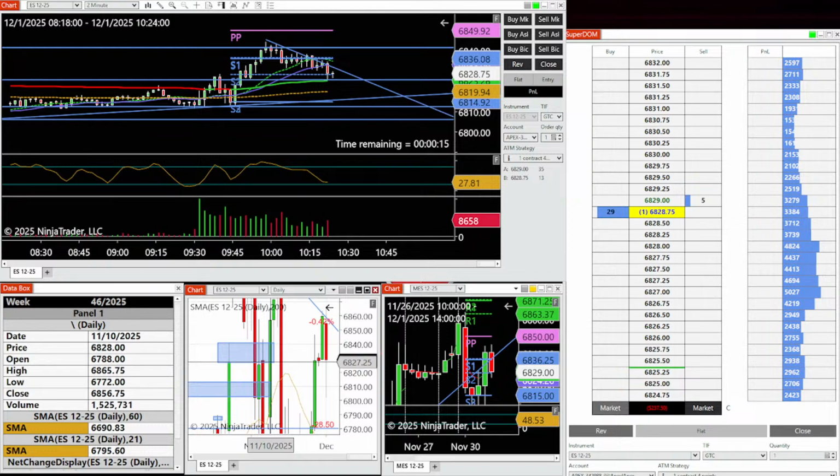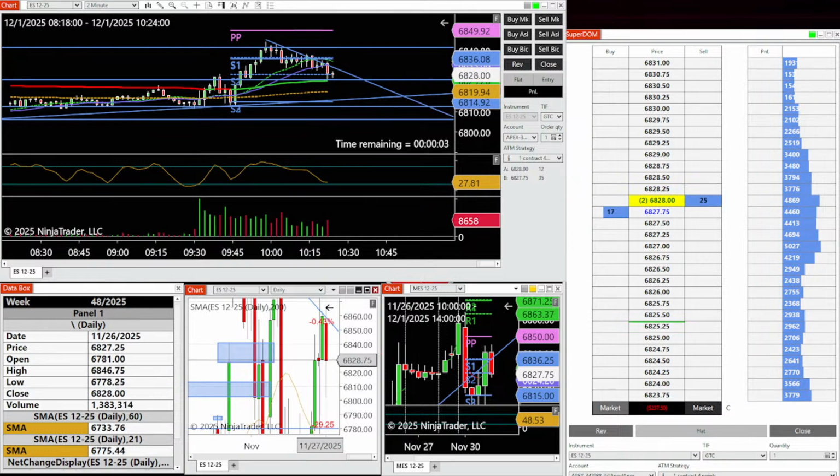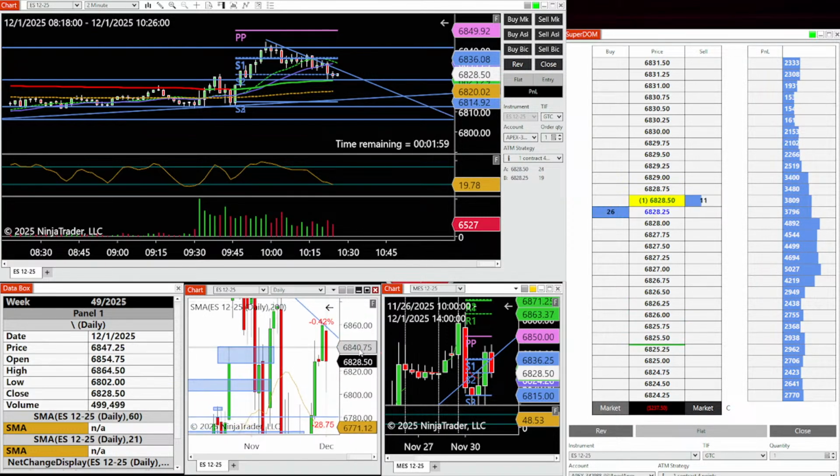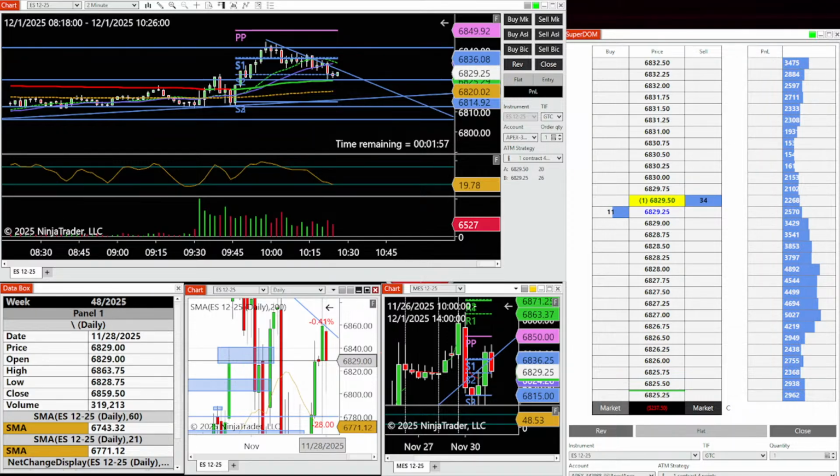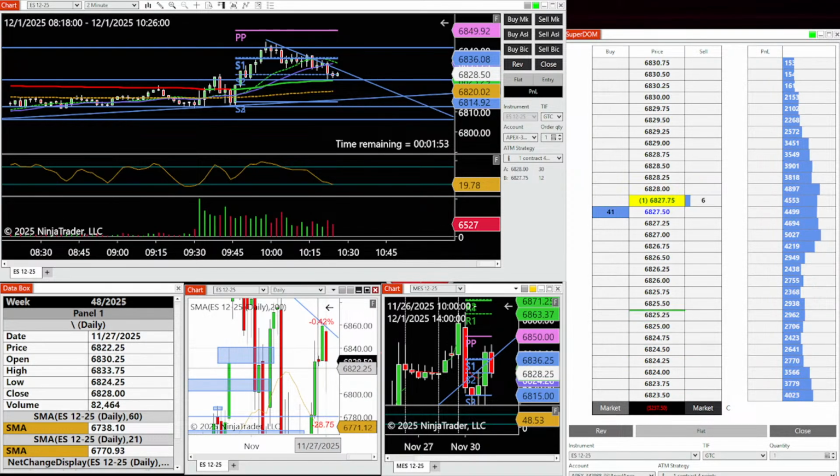From 25 and 28 here. And over 30 is where we made this pop. Now we're retracing this 30, came all the way back down.